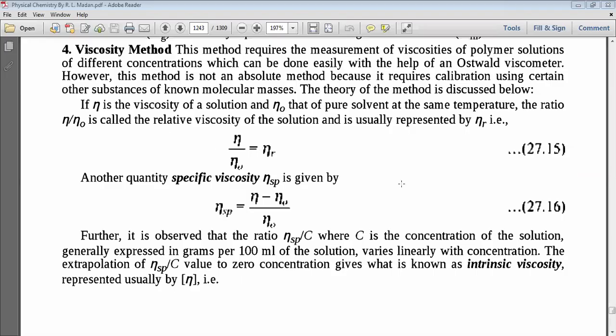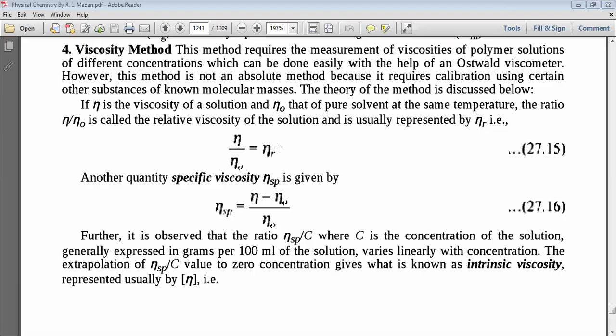The theory of this method is like this: if eta is the viscosity of a solution and eta 0 that of pure solvent at the same temperature, the ratio eta by eta 0 is called the relative viscosity of the solution, usually represented by eta r, that is eta by eta 0 equal to eta r.